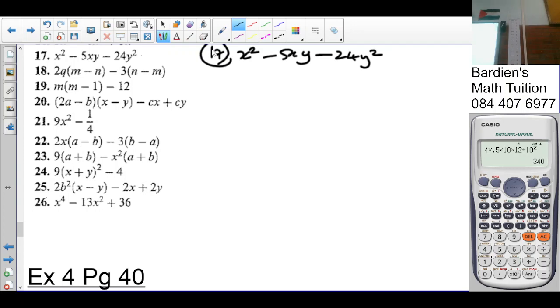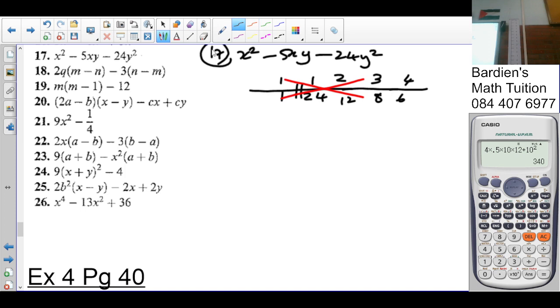So it's trinomial. So what goes on the line? 1 and 1, 1 and 24, 2 and 12, 3 and 8. Do you add or subtract the products? Subtracting. So 1 times 8 is 8, 1 times 3 is 3. What's 8 minus 3? 5, and that's what we want.